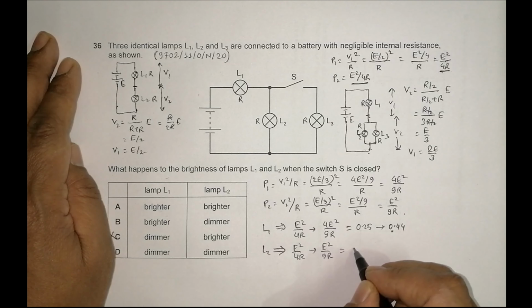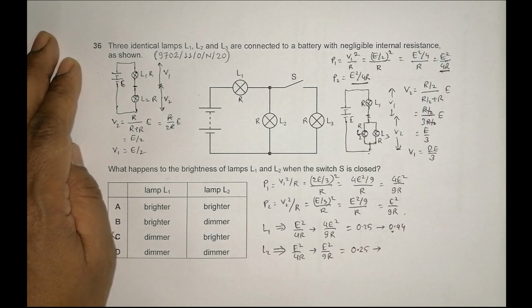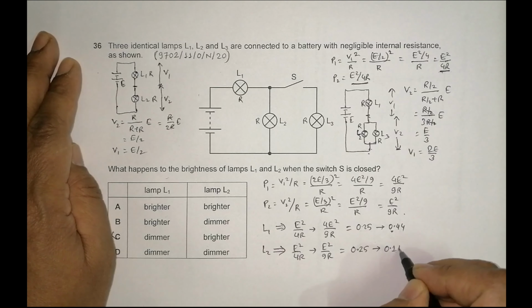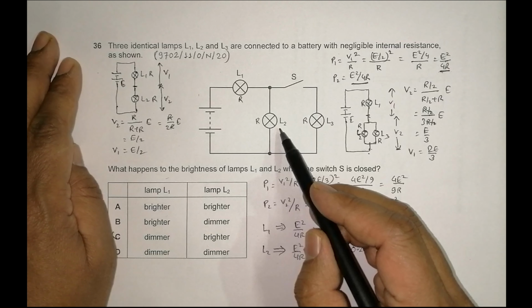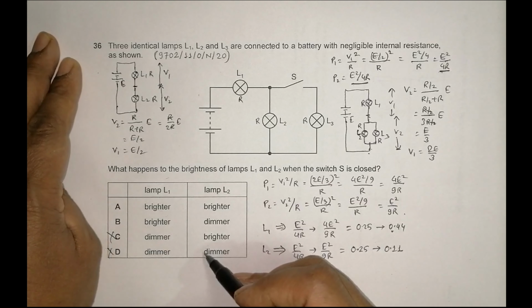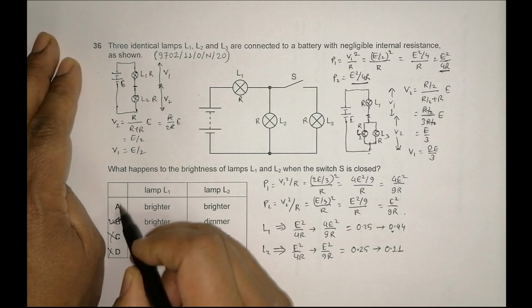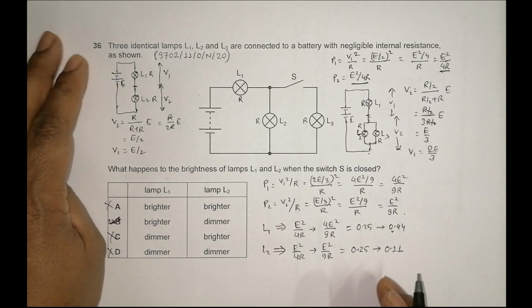So that means it is from 0.25 going to 1 divided by 9, equal to 0.11. So that means this L2 will be dimmer. It will be glowing dimmer. So the choice should be brighter, dimmer. Choice should be B. And so A also is the wrong choice. B is the correct choice.